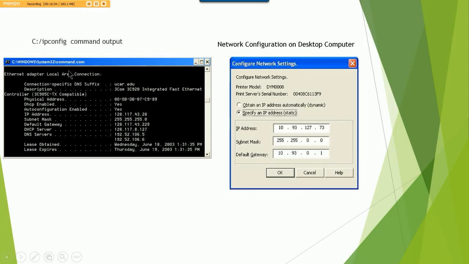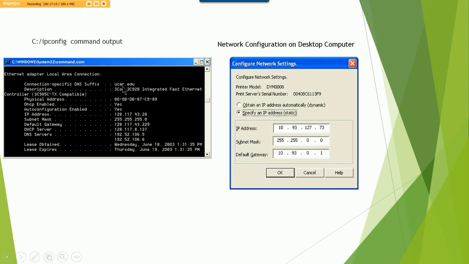Now, from this output, we can get more information too. We see this is a Windows computer. We're looking at the local area connection adapter, so this is their LAN connection. It has a domain name of ucar.edu.